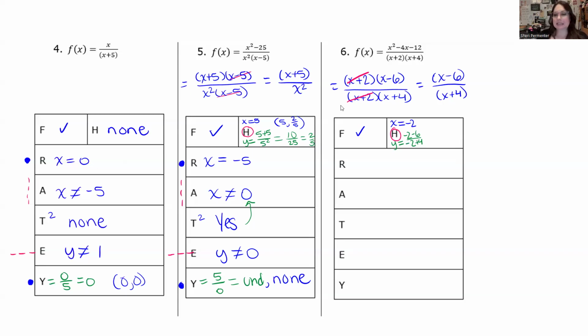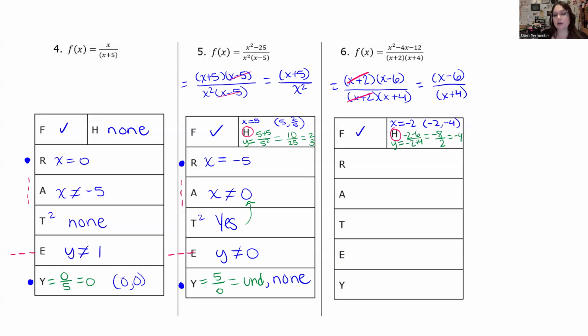What's -2 minus 6? -8. And then -2 plus 4 is 2. What's -8 divided by 2? -4. So now I know the coordinate of my hole. It's going to be at -2, -4.